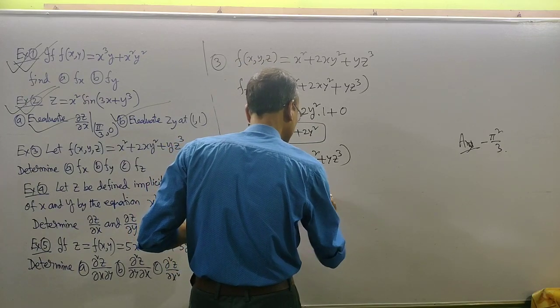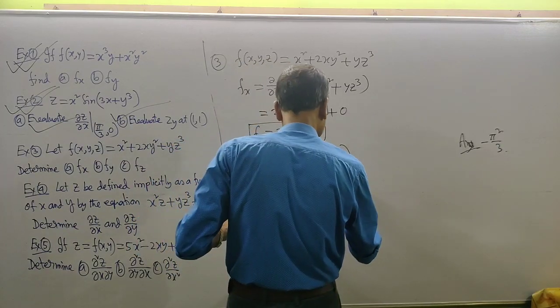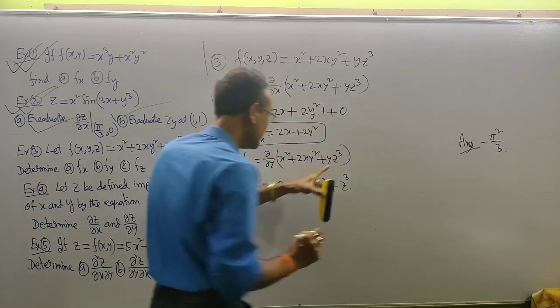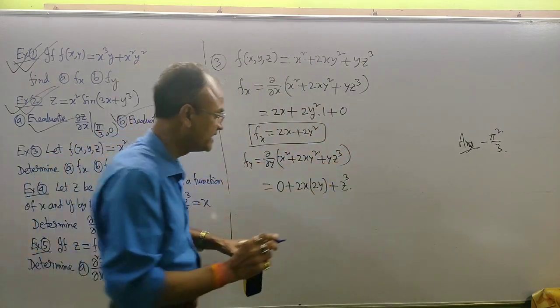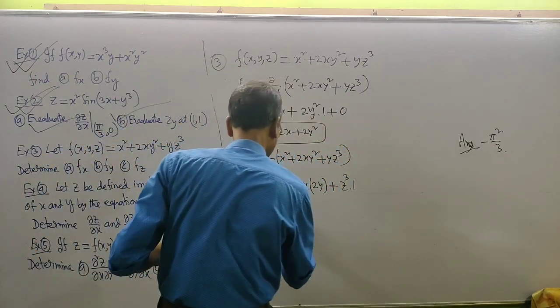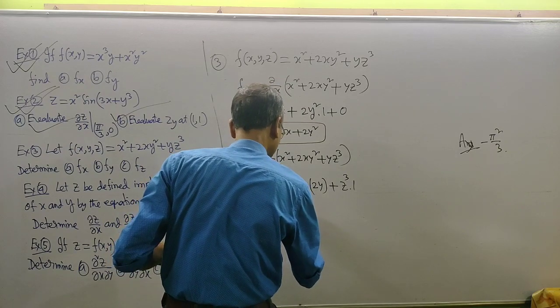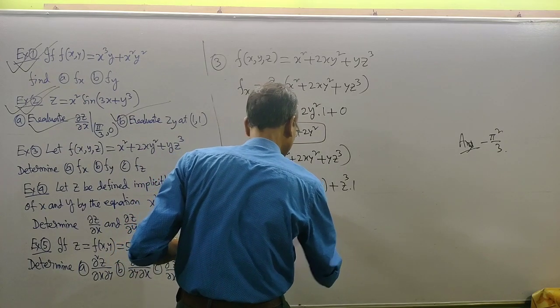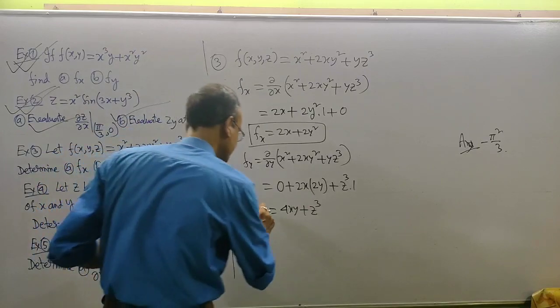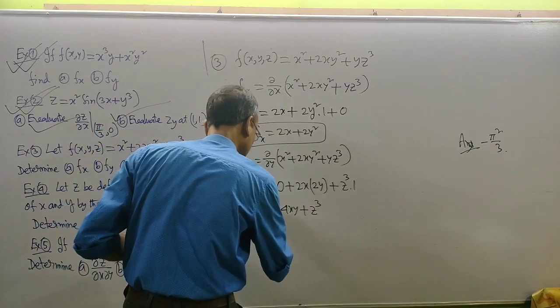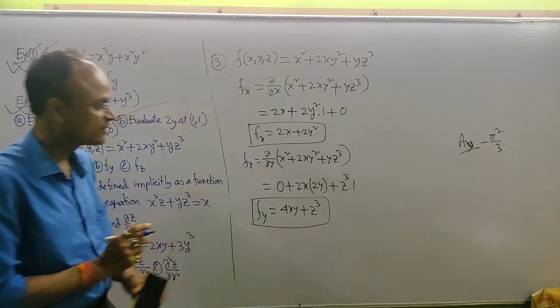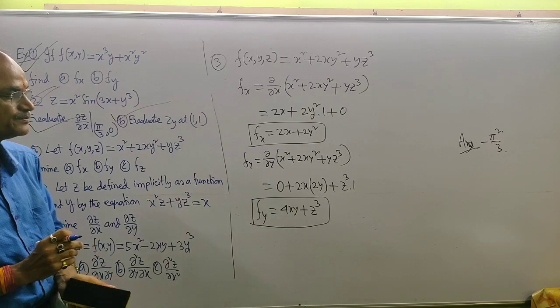Differentiation of y square is twice y, plus z cube is constant. Differentiation of y is 1. Therefore, you will get 4xy plus z cube. Fy is equal to 4xy plus z cube.